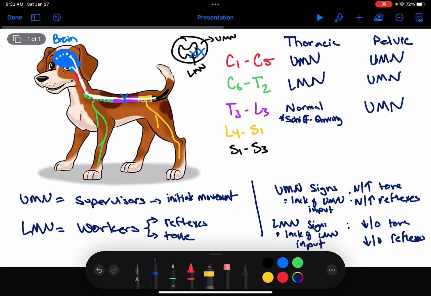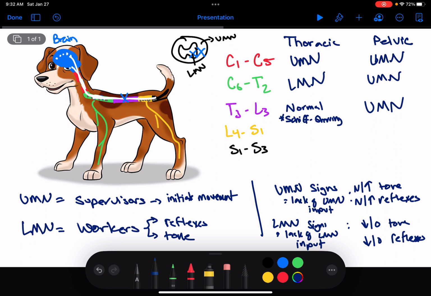And when we lose that inhibition, now you're going to have increased tone. And so Schiff-Sherrington is often described as having paresis and upper motor neuron signs in the pelvic limbs and increased tone in the thoracic limbs, but everything else localizes to T3-L3, such as your cutaneous trunci, spinal pain, things like that. Everything else should be T3-L3 except for increased tone in the limbs.